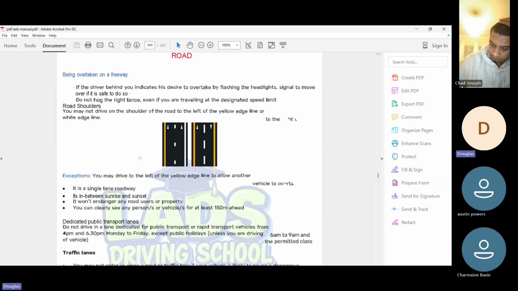But there's exceptions to that. So meaning, if you're driving normally, you're not allowed to drive on this yellow line or on the white line. The only time when you can drive over these lines or on the other side of this line is when it is a single lane roadway, and you want to move to the side to allow someone to overtake you, to pass.